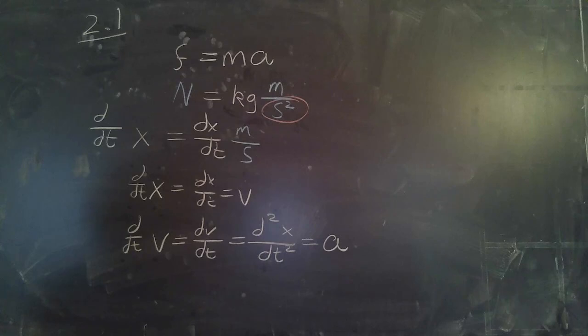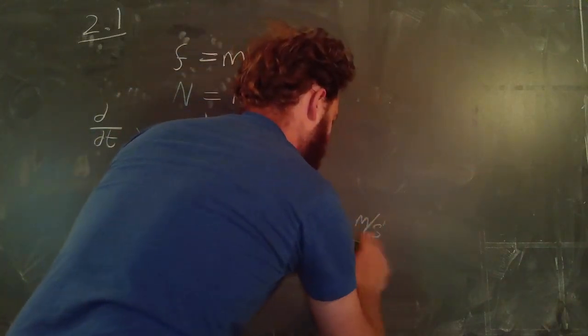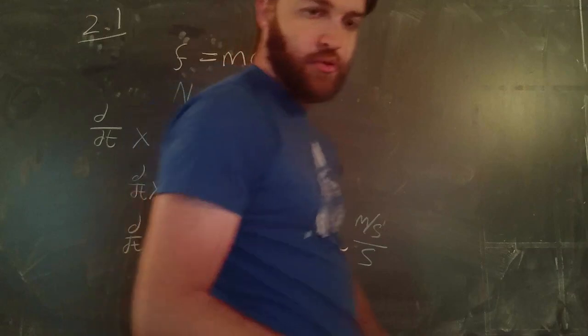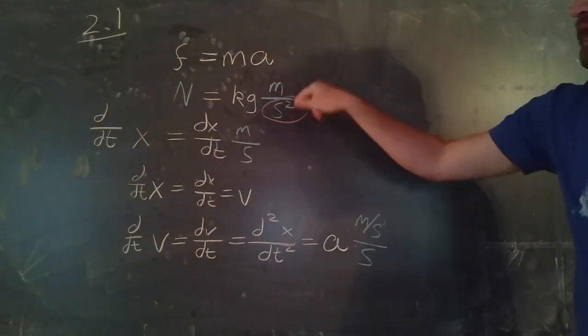And we note that the velocity would be given to us in something like meters per second, and the time derivative puts another second on bottom, and that cleans up as meters per second squared, like this guy up here.